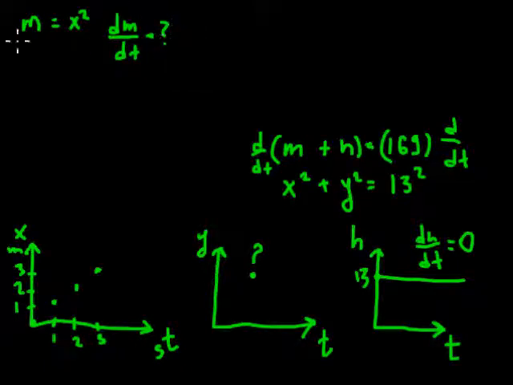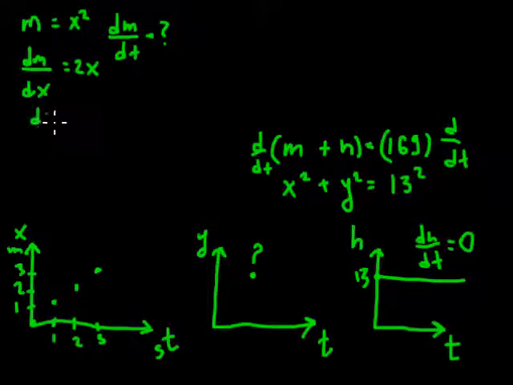Here we're going to use the chain rule. dm/dx is equal to 2x, and we know x is a function of time, and it's given to us that dx/dt equals 1.